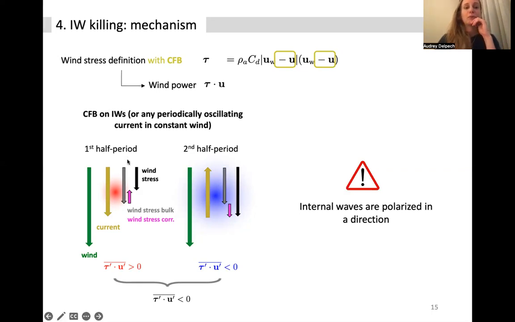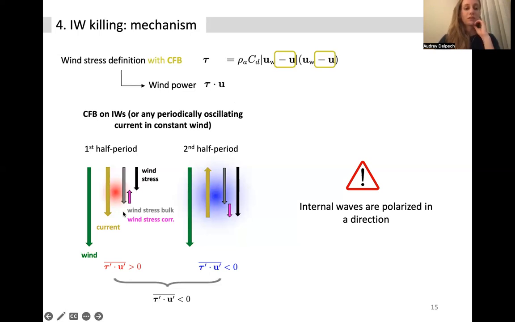And so if we assume that we have an internal wave with a constant wind blowing over it, and that this internal wave has a given period with the current reversing from southward during the first half of the period to northward during the second half of the period, and the wind is blowing constantly southward, then because of those definitions, the wind stress during the first half of the period will be much smaller.